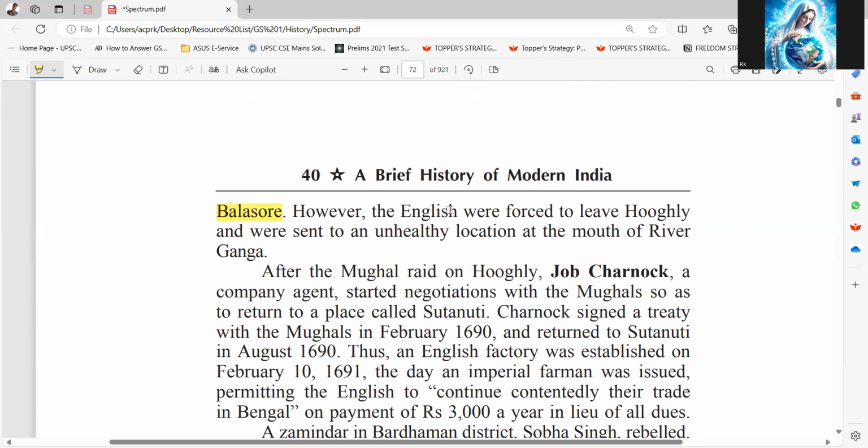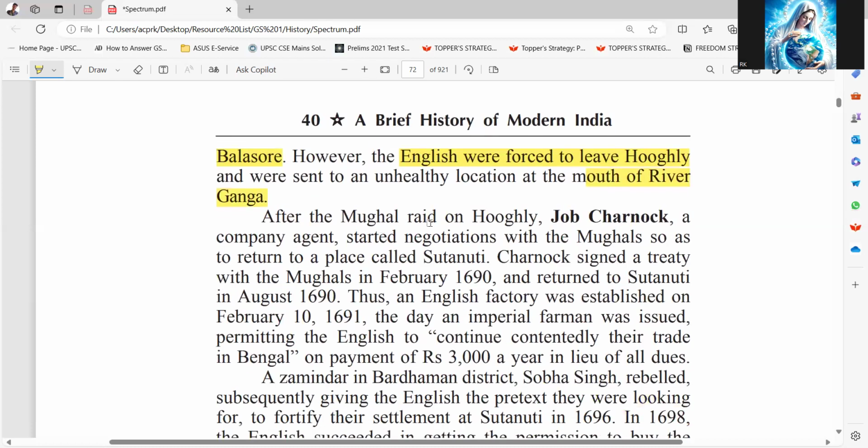However, the English were forced to leave Hooghly and were sent to an unhealthy location at the mouth of the River Ganga. After the Mughal raid on Hooghly, Job Charnock, a company agent, started negotiations with the Mughals so as to return to a place called Sudanudi. Charnock signed a treaty with the Mughals in February 1690 and returned to Sudanudi in August 1690.